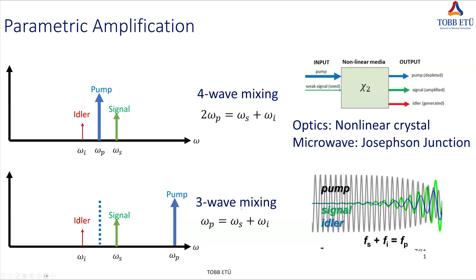In the case of three-wave mixing, you apply a pump at the higher frequency, and the sum of signal and idler is equal to the pump. The pump energy is transferred to the signal energy. So there is a very small signal and idler here, and the pump energy is transferred and the amplification is achieved.